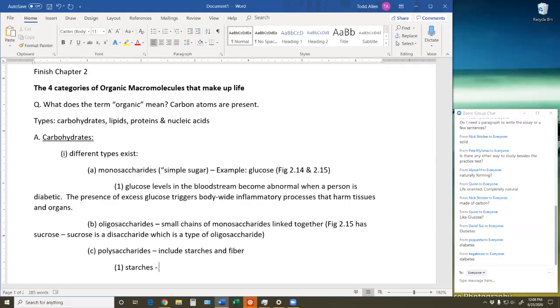So starches are digestible by your body, and can be broken down into monosaccharides like glucose, which can elevate your blood sugar.